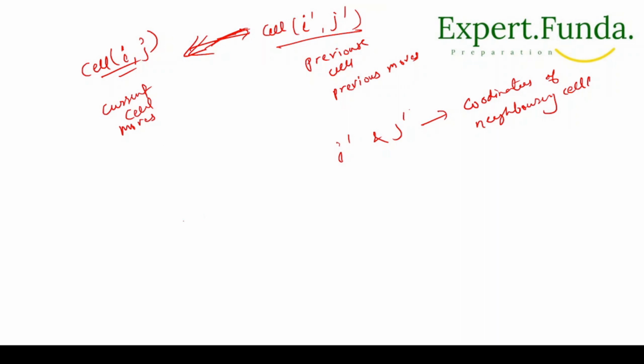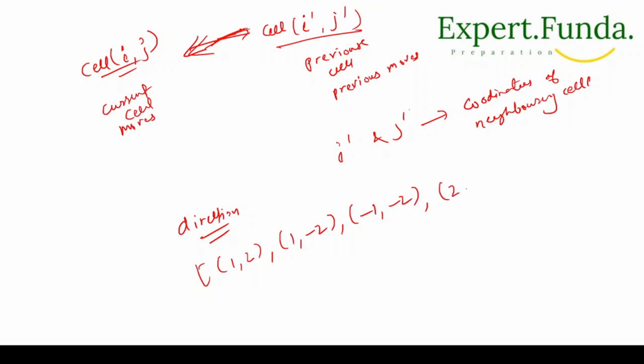Let's suppose we have directions like (1, 2), then (1, -2), then (-1, -2), then (2, 1), then (2, -1), then (-2, 1), and then (-2, -1).